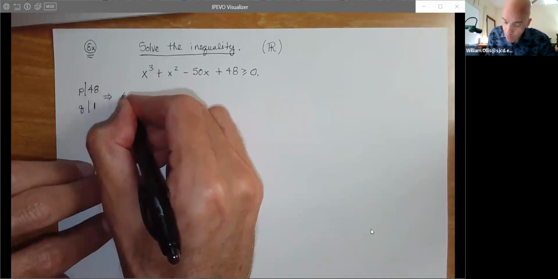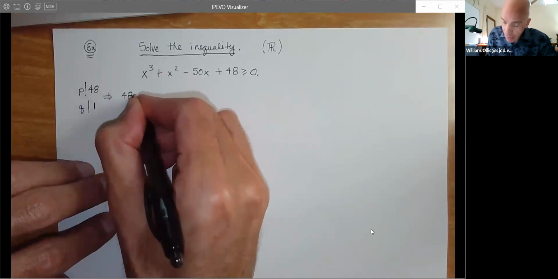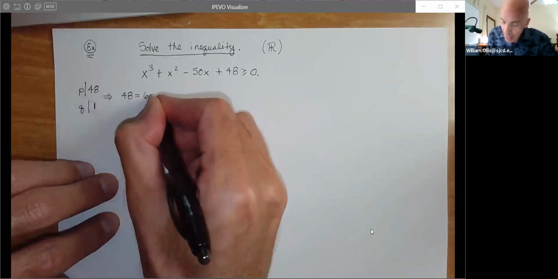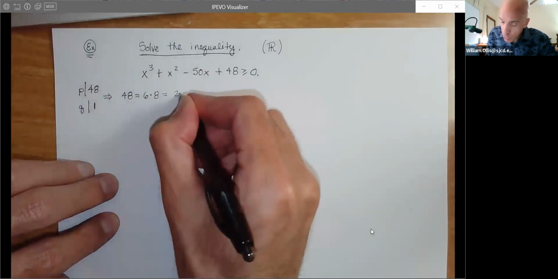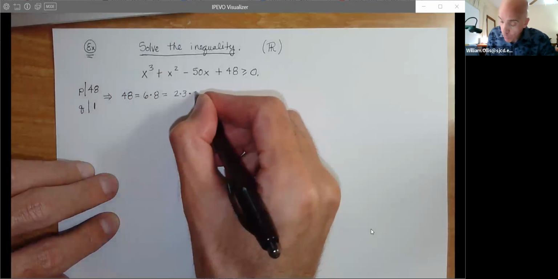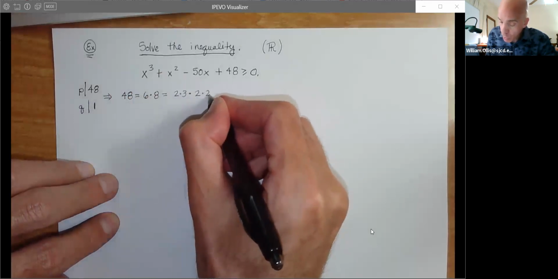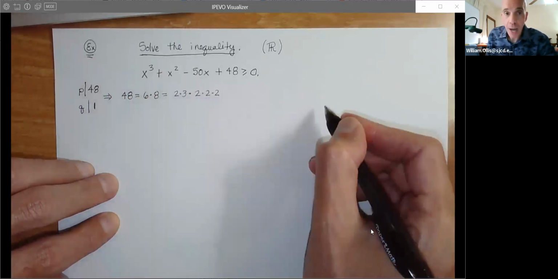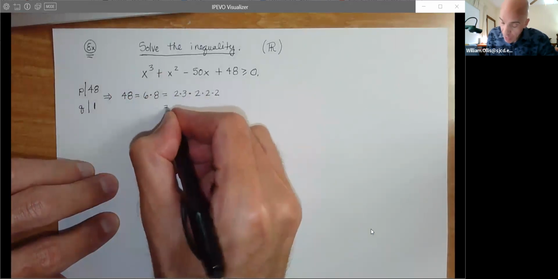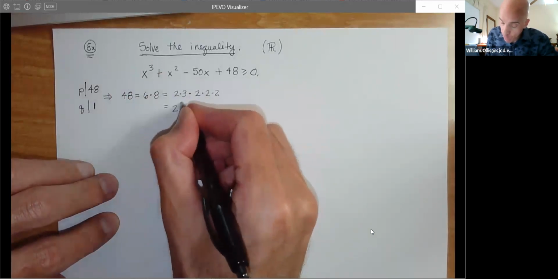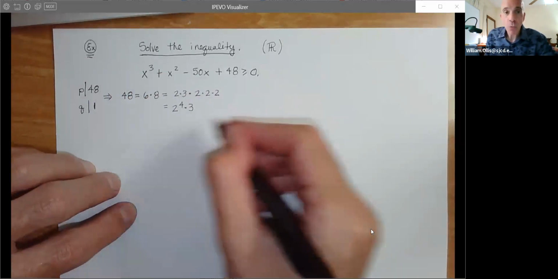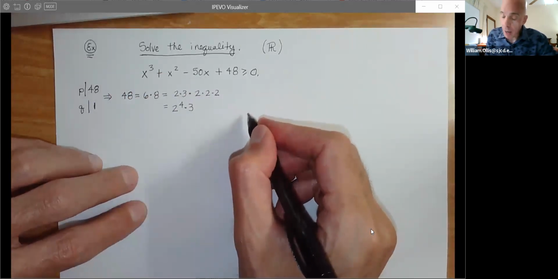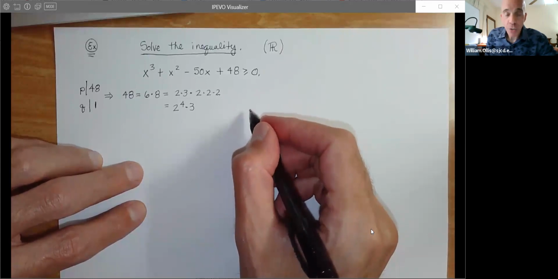So we could say 48 is 6 times 8, and that would be a 2 times a 3, and then of course we get 2, 2, and 2, 3 copies there. So that would be 2 to the 4th times 3. That's how we would start constructing the possible rational zeros.